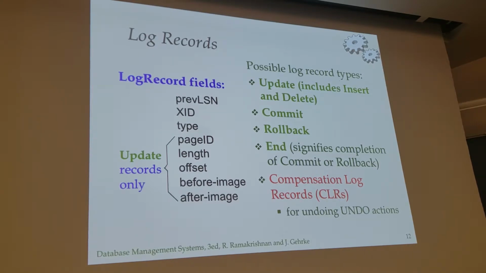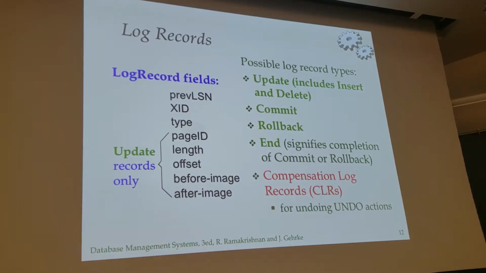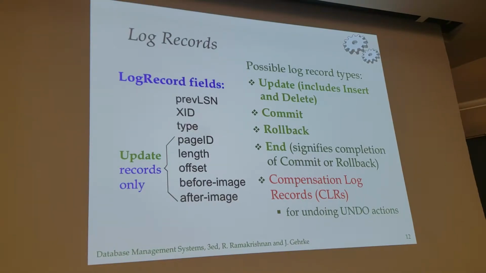And then there's information, and there are variations of this that can exist using RIDs, but basically you have a description when you're doing this physically and not using the RIDs. You have the page ID, and you have what changed on that page. So you indicate the length and the offset that corresponds to the change, and the before image and the after image. This all assumes you're writing the record in the same place that it was originally.